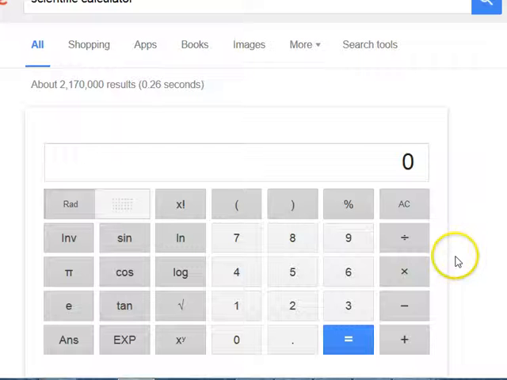The next thing you want to get is the formula for the future value of money. And so again, we're going to go to Google Images to find the image of the formula for future value of money.